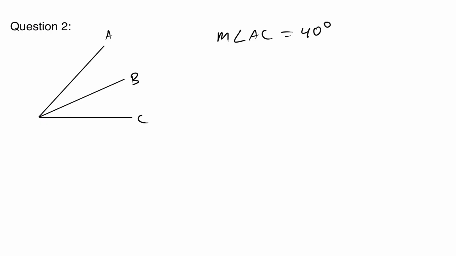And then I told you that the measurement of angle BC is equal to 15 degrees. Now this is not drawn to scale, it's just an example. And I was asking you for what is the angle of AB.